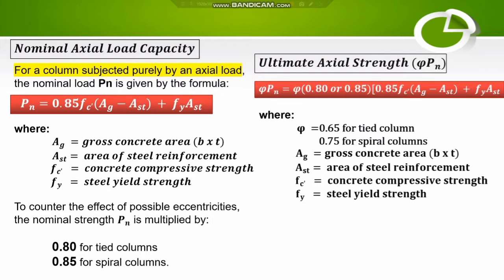To counter the effect of possible eccentricities, the nominal strength Pn is multiplied by 0.80 for tied columns and 0.85 for spiral columns.